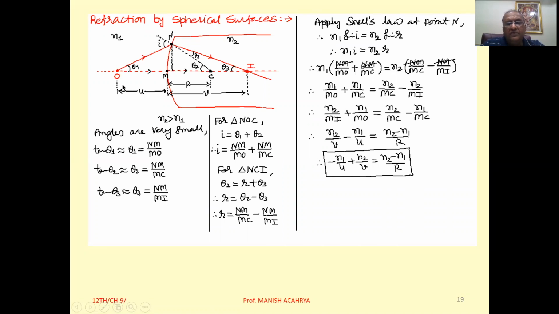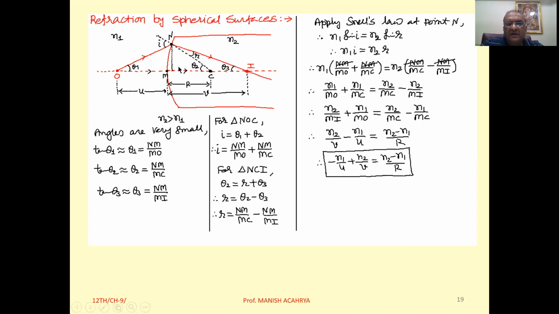So, prepare the ray diagram. Take one ray from this point-like object along the principal axis. Now consider another ray which is incident on the spherical surface at a point N. You can take any point arbitrarily.